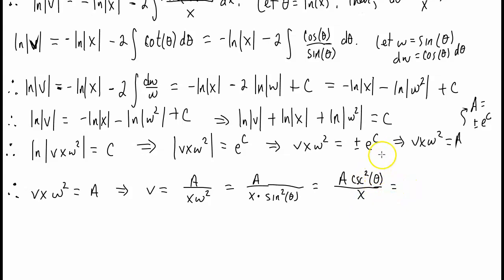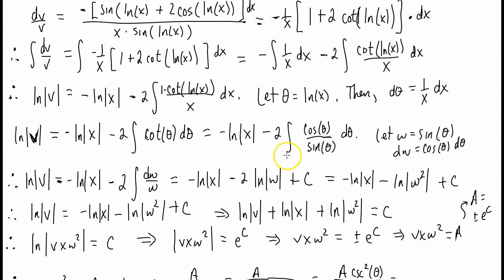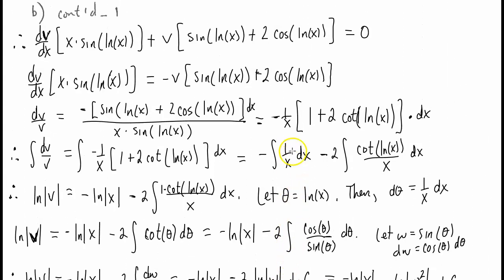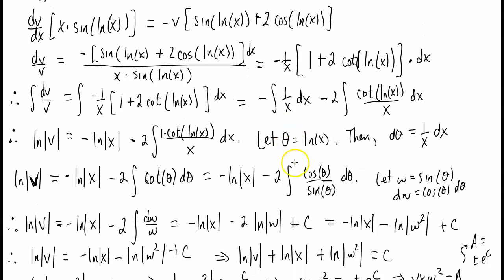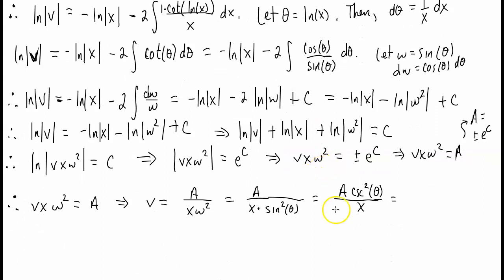And then of course our theta, if you remember, this was natural log of x. So we'll just put all this in. This will be A times cosecant squared of natural log of x, all that over x. And so now we know what v is in terms of x.